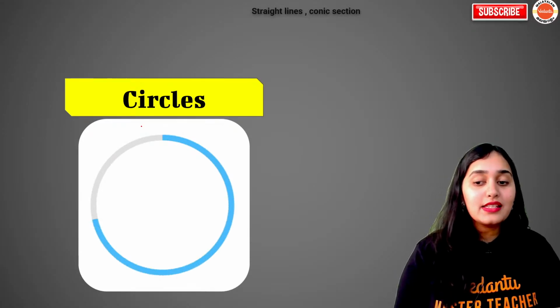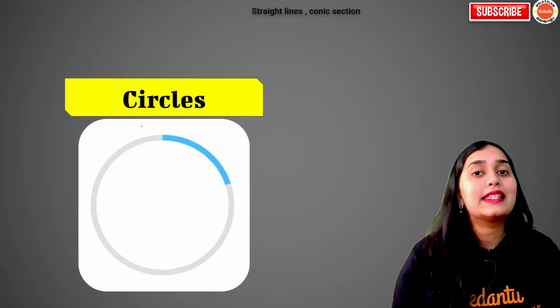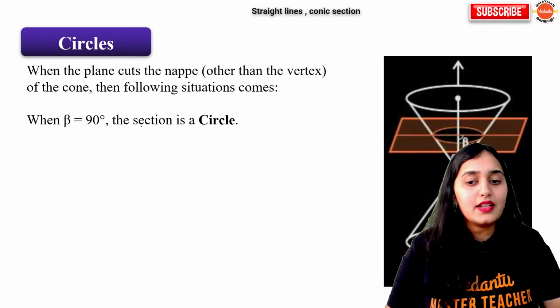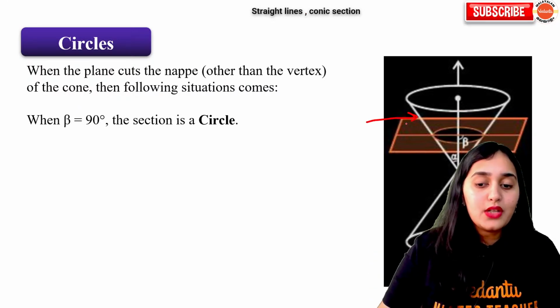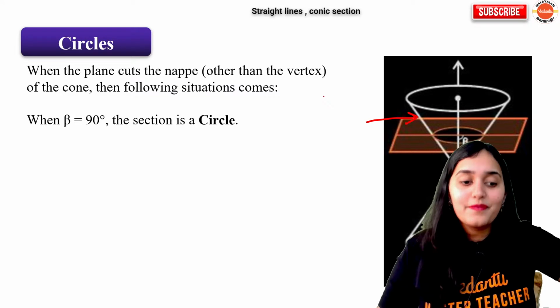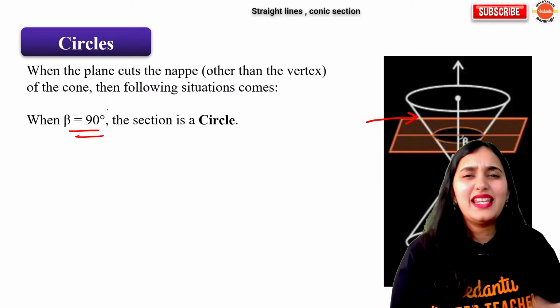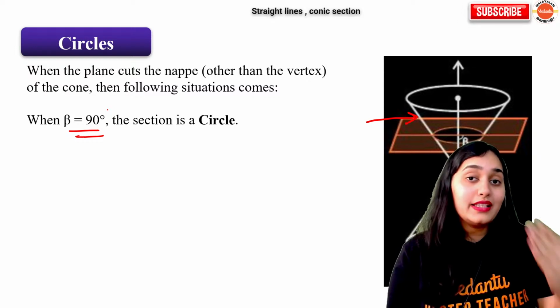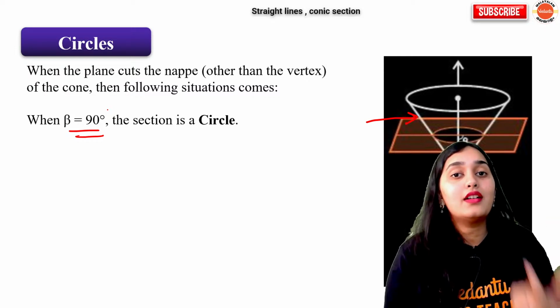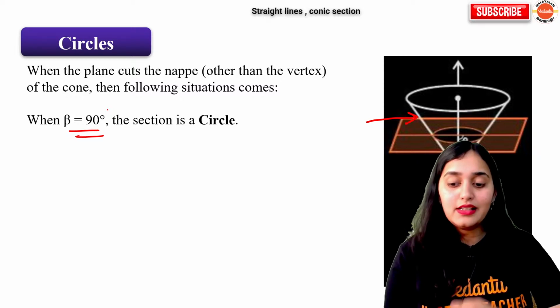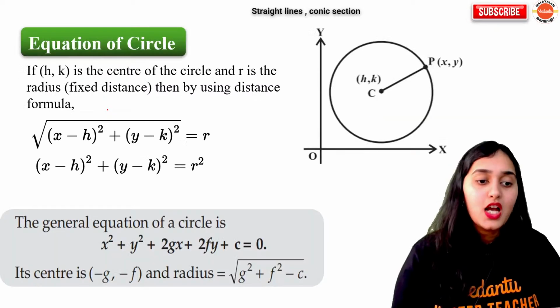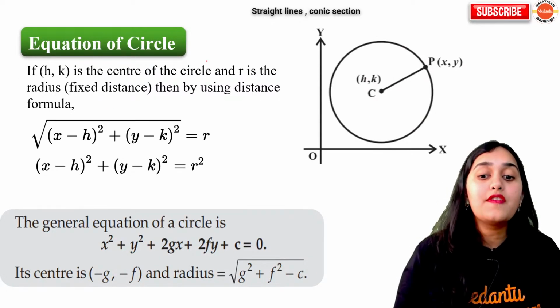Okay. So the first figure that we are going to study is the circle. Now we all know about circles. A circle will be formed when we do a horizontal cross section. In a horizontal cross section, beta is 90 degrees. Now these things are not important. The important things are the equation of the circle, center of the circle and all those formulas. So the first formula is the equation of the circle.